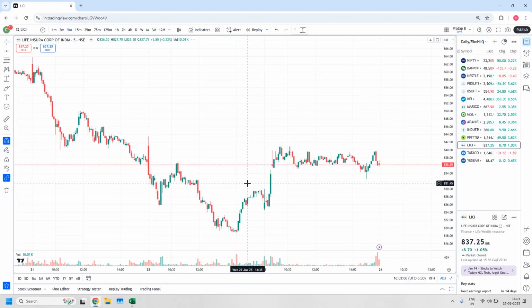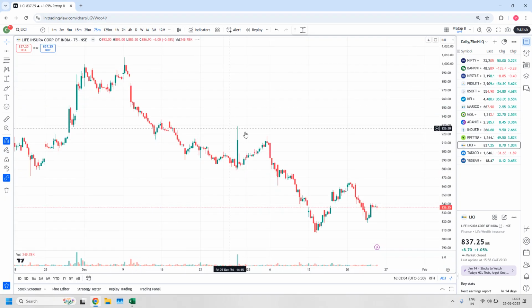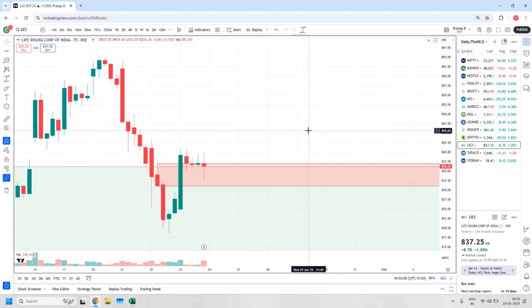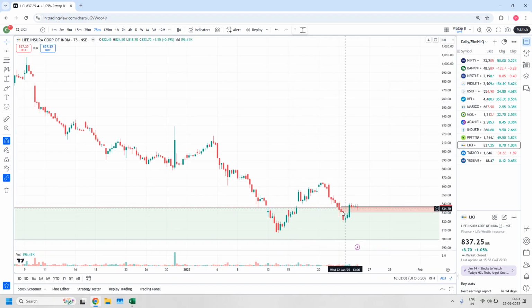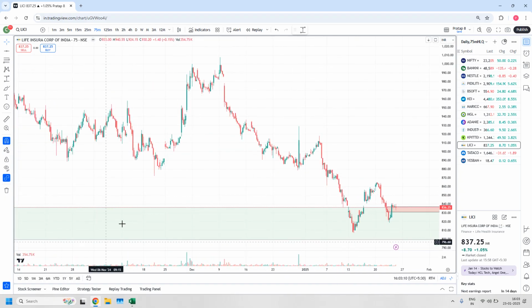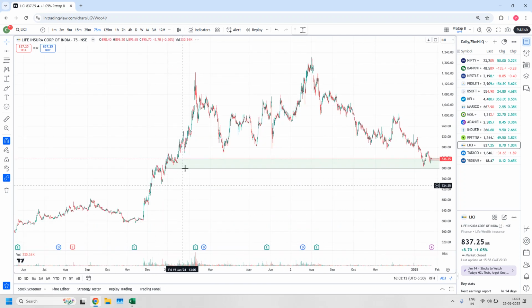Next one is LIC. LIC has also a 75-minute high liquidity zone. Actually, this LIC high liquidity zone is inside a daily high liquidity zone. This daily zone I drew previously is a high liquidity zone. It is already there in my chart.